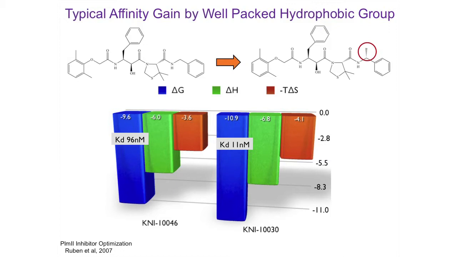There is a small improvement in the enthalpy of binding and a small improvement in the entropy contribution. And that's typical for non-polar groups. Small improvement in enthalpy, small improvement in entropy, little by little. That's why it has been easier for scientists to optimize using hydrophobicity than polar groups.